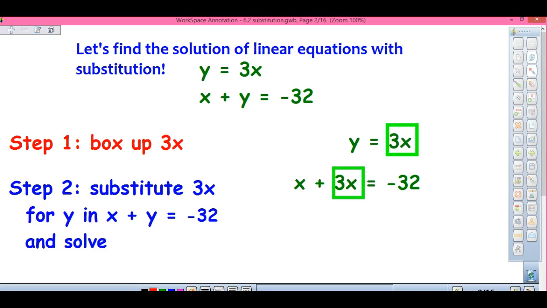So, what happens... We have y equals 3x. Correct? And we have x plus y equals negative 32. Okay? So whatever y equals, which is what? 3x. Put a box around it. So box up 3x.